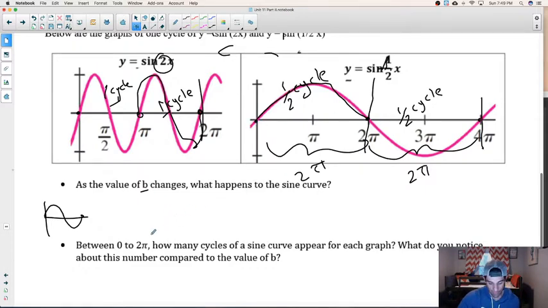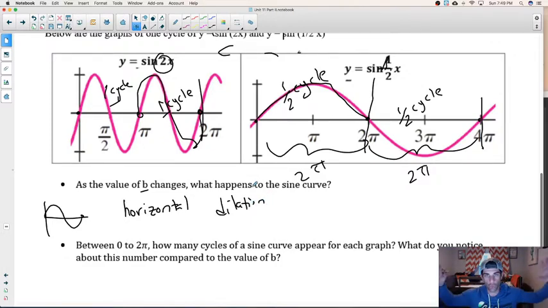Well, that b value is representing a horizontal dilation. And if you remember, a dilation could stretch or shrink things. So it's a horizontal stretch or shrink.